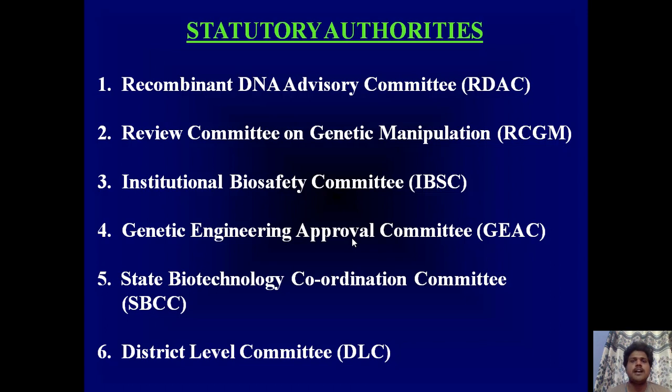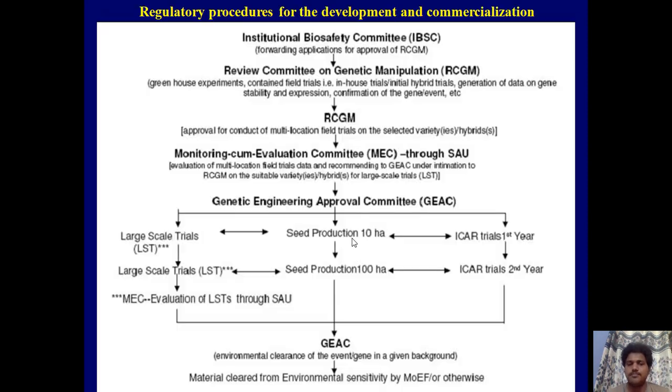So the statutory authorities include the Recombinant DNA Advisory Committee (RDAC), Review Committee on Genetic Manipulation (RCGM), Institutional Biosafety Committee (IBSC), Genetic Engineering Approval Committee (GEAC), State Biotechnology Coordination Committee (SBCC), and District Level Committee (DLC). So these are the statutory authorities under genetically modified organisms regulation.